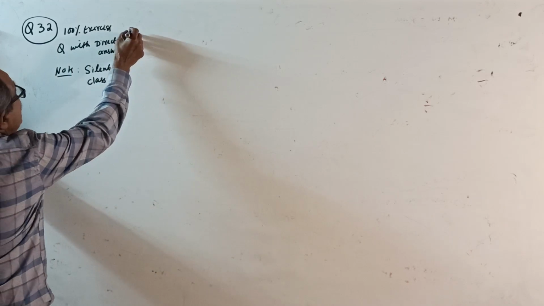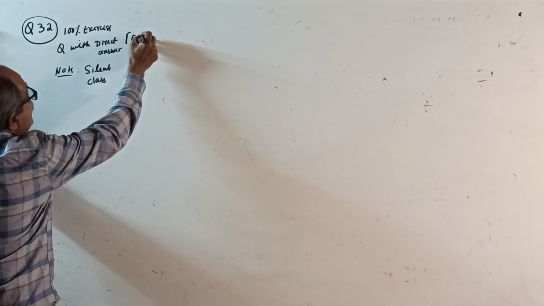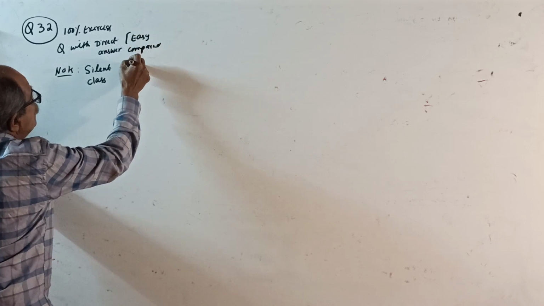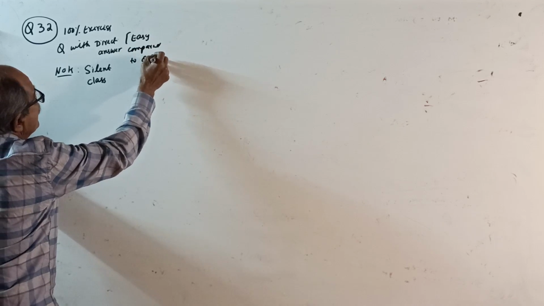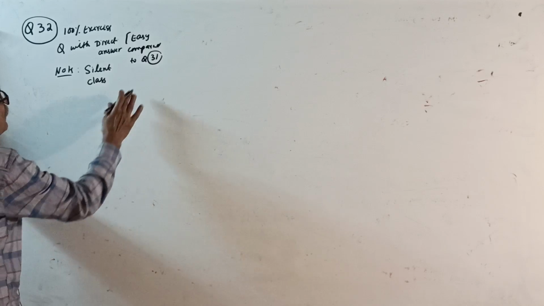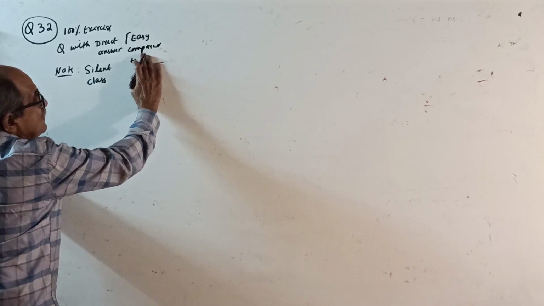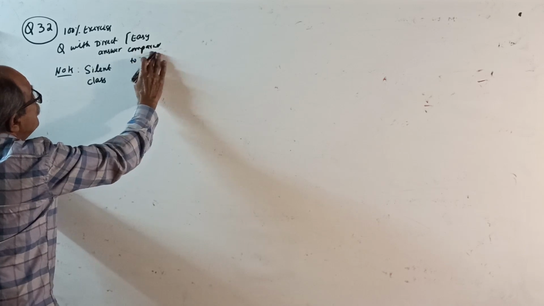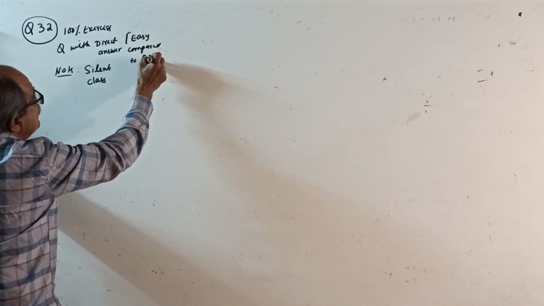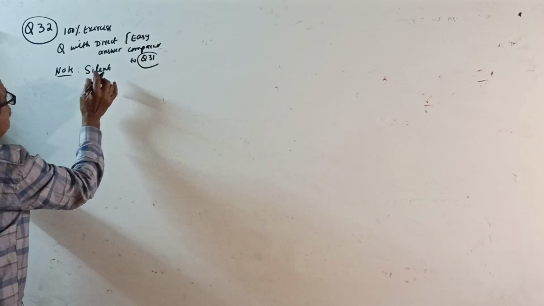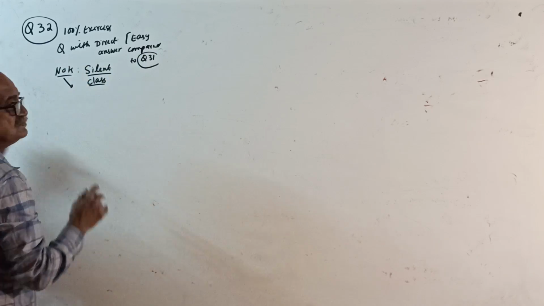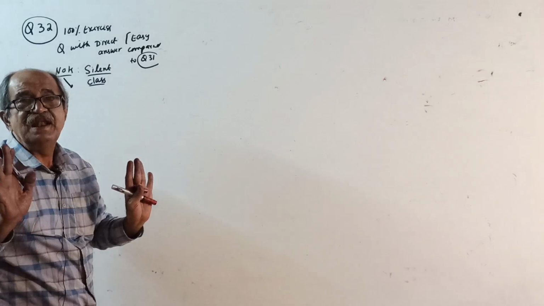Remember, this is quite an easy question compared to the previous question, compared to question number 31, because there some problems were there: that inclined member, then some places you get both inclined. So note, it is a silent class. Now onwards I will not talk, silent class.